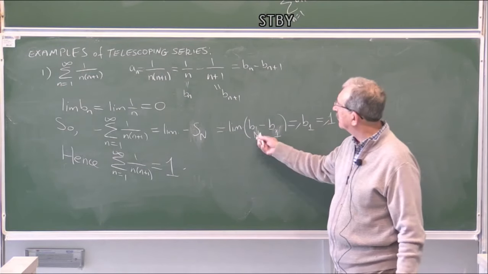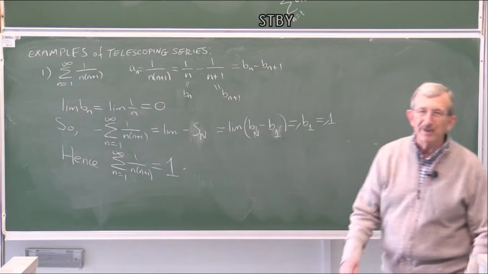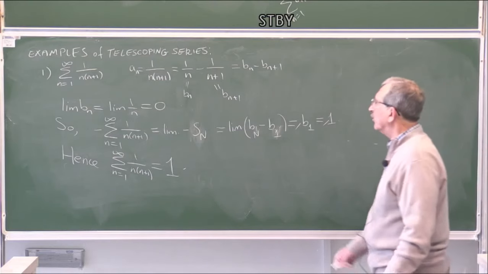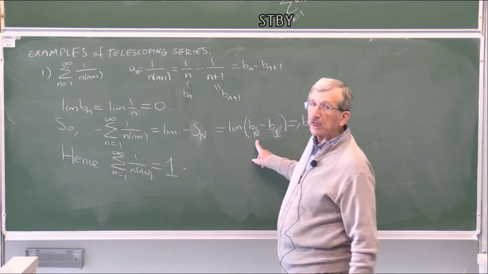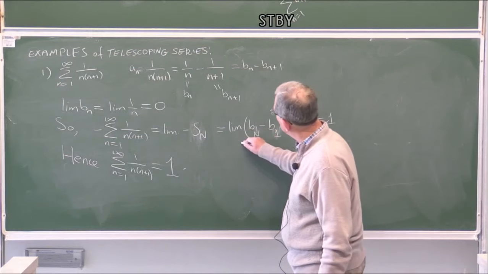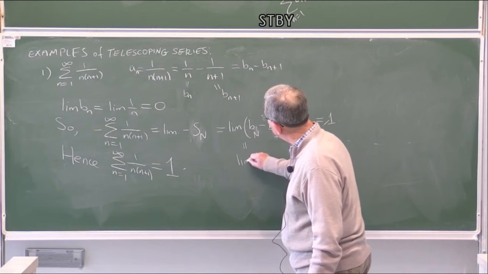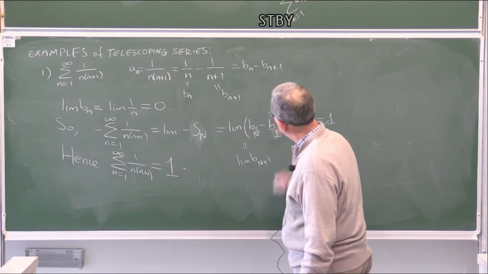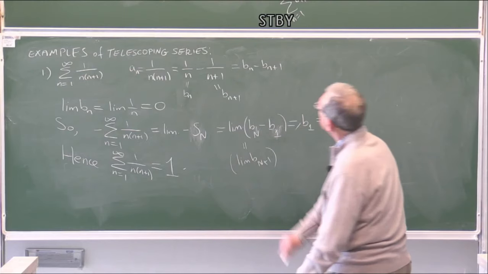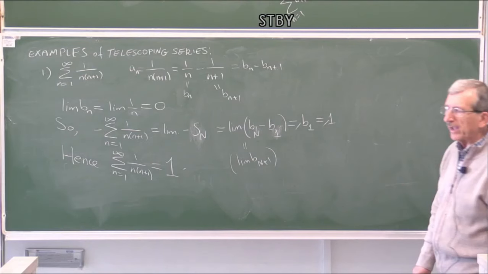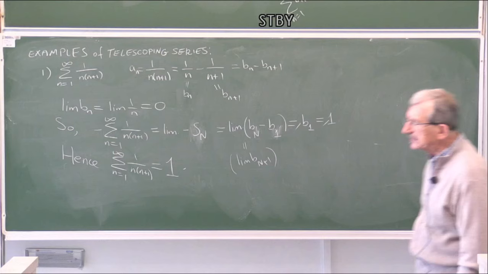Sn is nothing but Bn minus, or Bn plus 1 minus B1. I can put plus 1 here. In the limit, it won't change. So this part is the same as limit of Bn plus 1. So I don't write n plus 1 or n because the limits are the same.